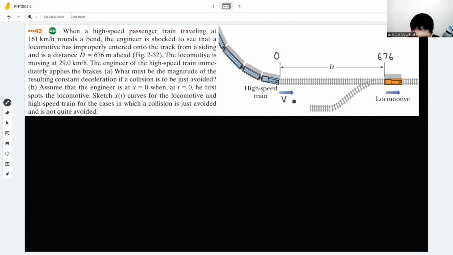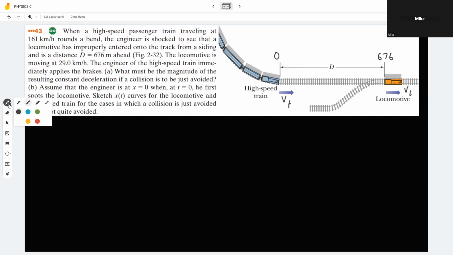So the distance is 676, no? Then the locomotive B. Okay, so what's next? So the high-speed train has constant acceleration. Our assumption here is that the locomotive has constant speed.